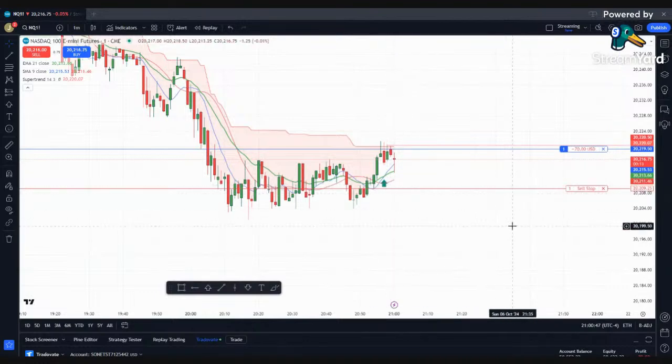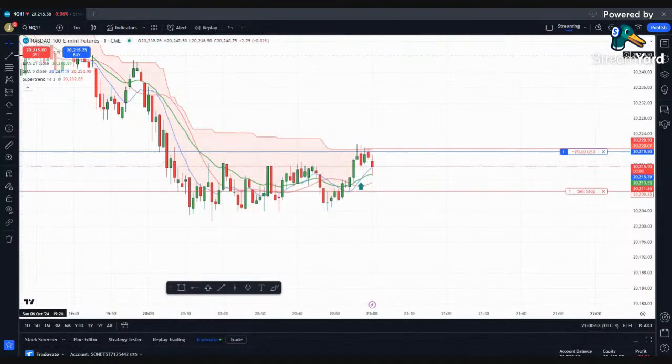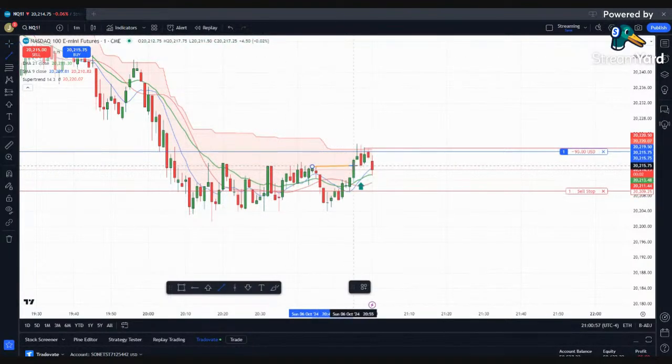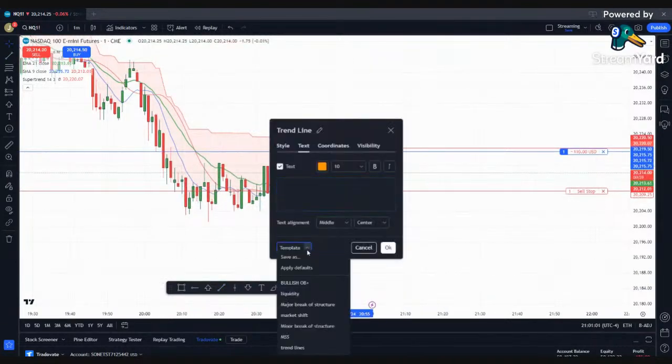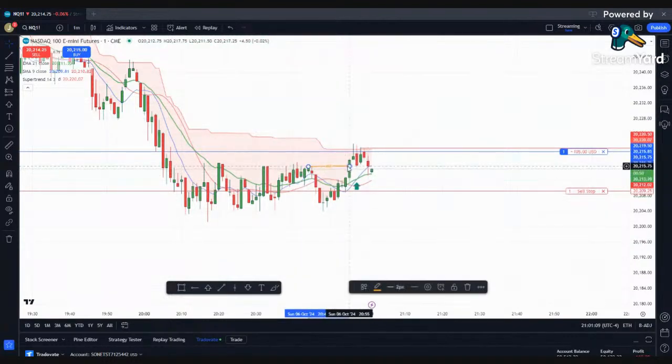I'm too excited. But we have a market shift. We'll see. If I were an ICT trader, this would be my entry. But I left ICT a long time ago. I don't want to be ICT. What do you think of this trade?